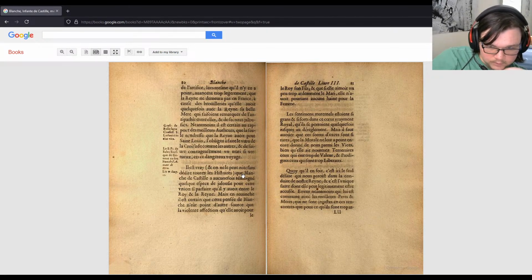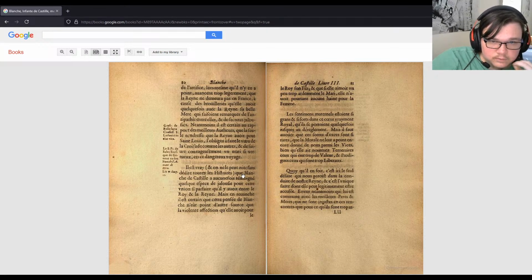But however, it is certain that this thought of Blanche did not have any other source but the violent affection that she had for the king, her son, and that she liked a little bit too much the groom.